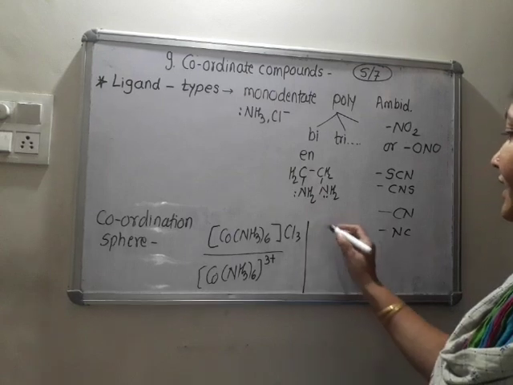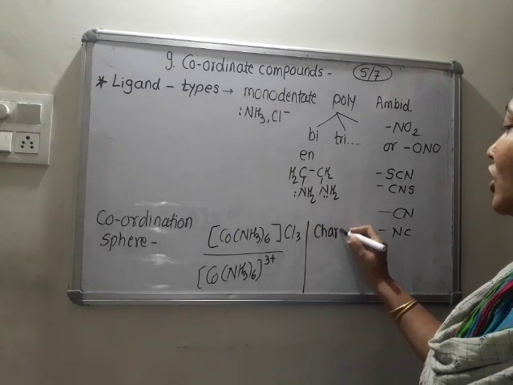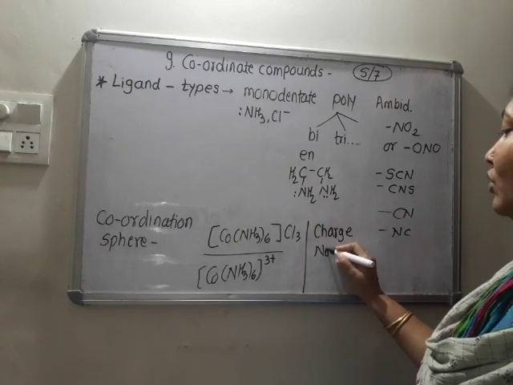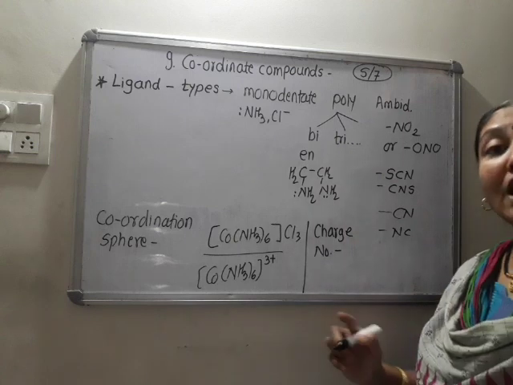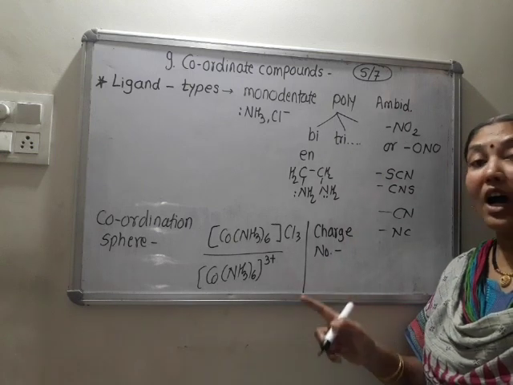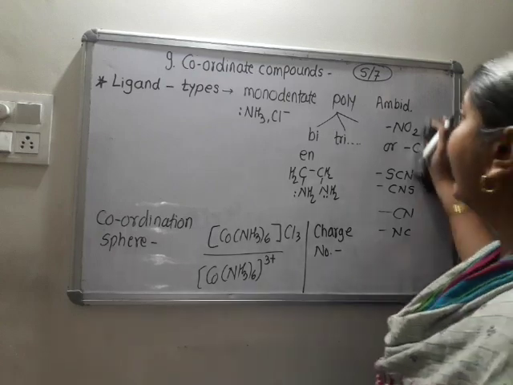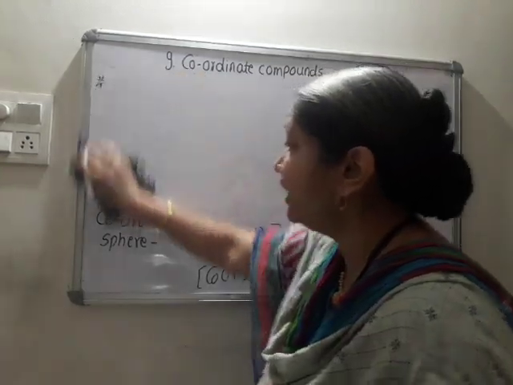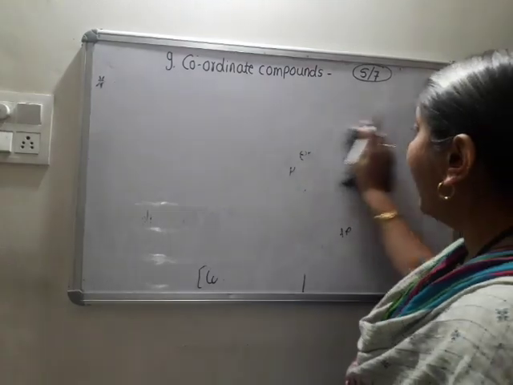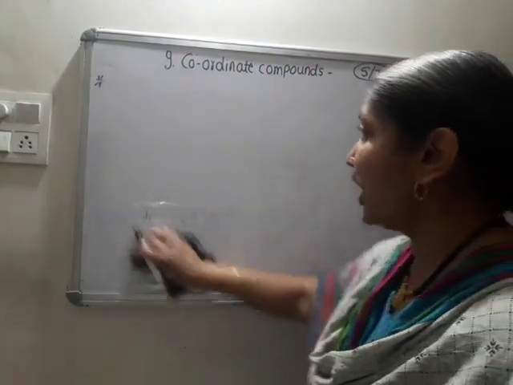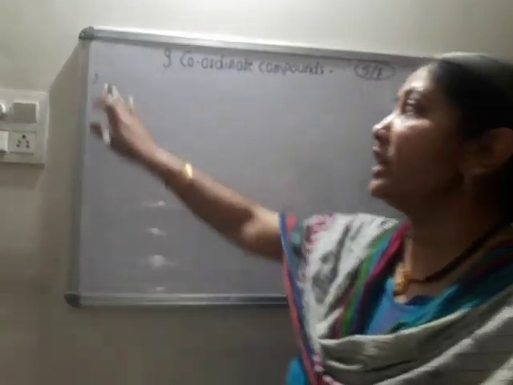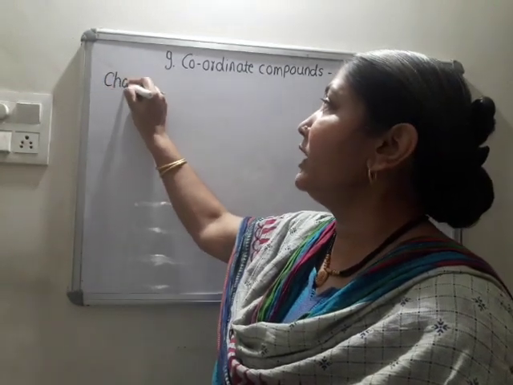One more point is charge number. Charge number is the charge on the coordination complex. Very important: charge number is different, and the oxidation state of the central metal is different.